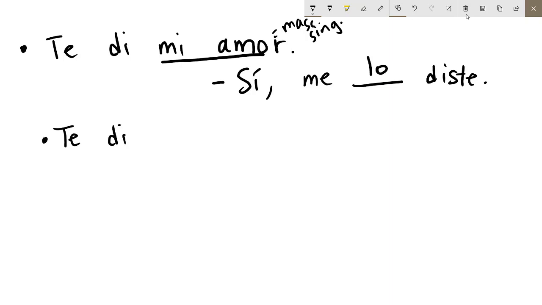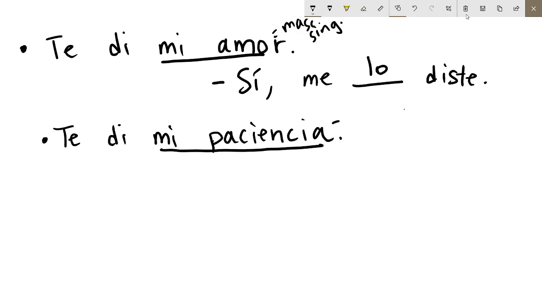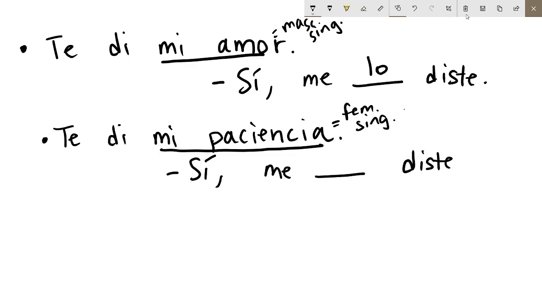Another thing that someone might say, like when they're griping, te di mi paciencia. I gave you my patience. Mi paciencia. So this is a feminine singular noun. And to be a good sport, the person might agree, say, oh yes, of course you gave it to me. Sí, me blank diste.